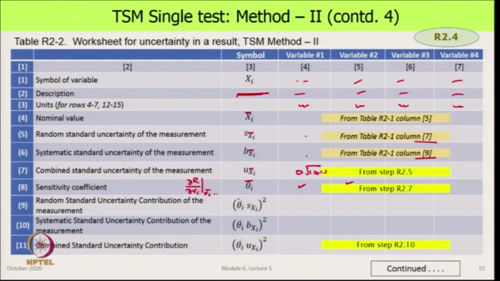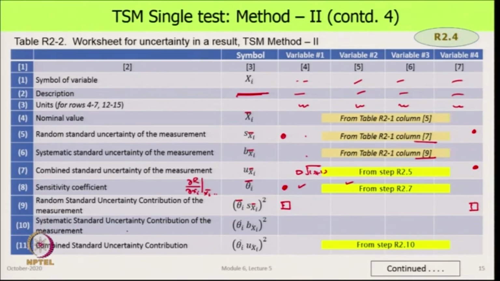The next step, we do the random standard uncertainty contribution of the measurement. So, what we do is we multiply and make the square of theta I bar, which is this one, and calculate this one. So, this into this squared is this. Similarly, for the last one, this into this squared will be this. And remember, these are parameters for which the units of xi are not applicable.